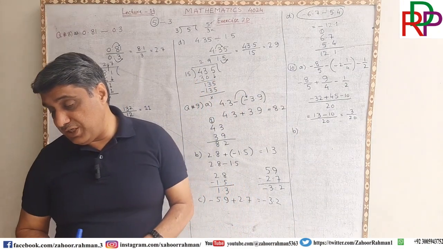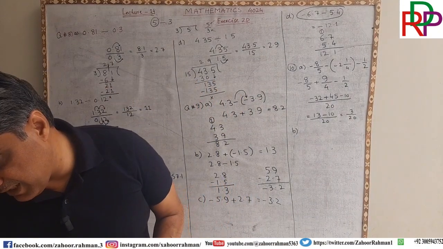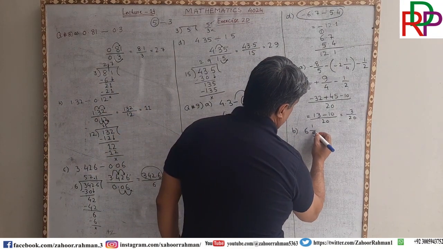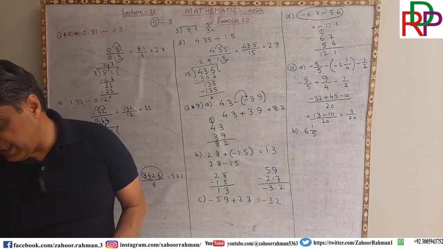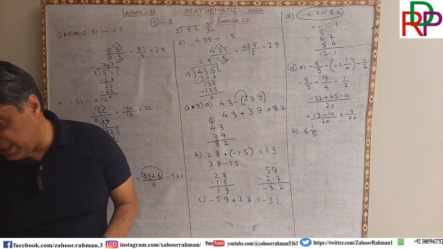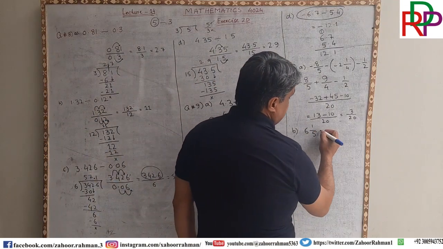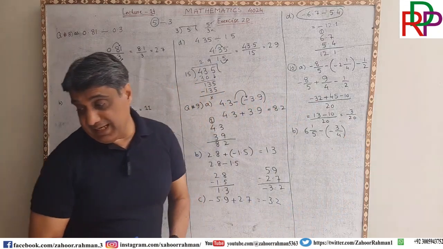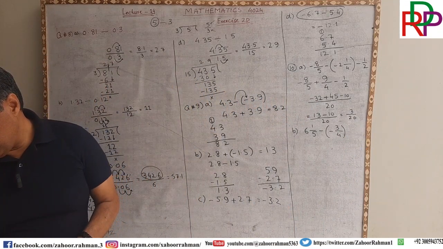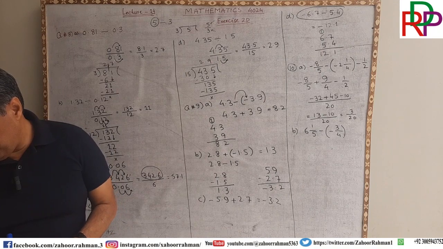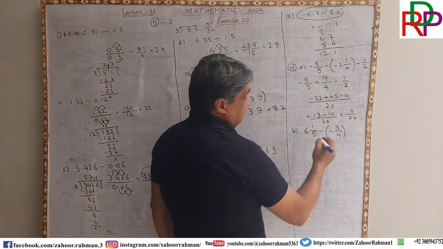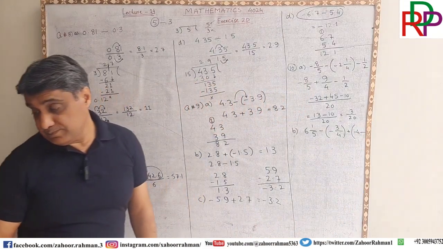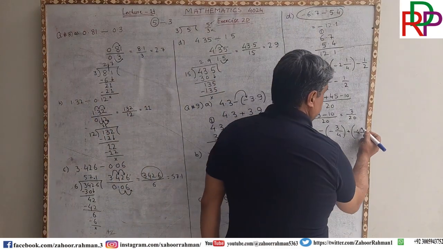Now we are going to the B part. These are intermediate level questions, and that is saying 6 whole 1 over 5, and then we are having minus 3 over 4, and then we are having plus minus 4 whole 1 over 10.